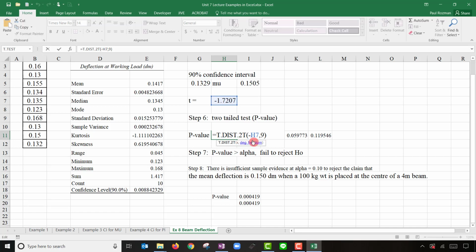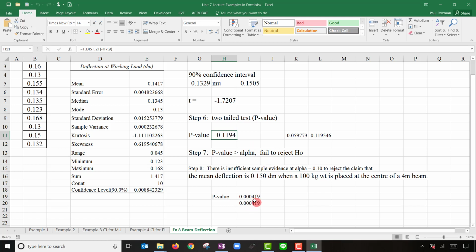So I just plugged in my t-score and my degrees of freedom, and it will give you the p-value. But I noticed that when you do the 2T function, it doesn't allow you to put a negative number in for t. So I put an extra minus in to make it positive. And then that gives us our p-value of 11 or almost 12%. The p-value is greater than alpha, so we fail to reject the null hypothesis, and we get the same conclusion.